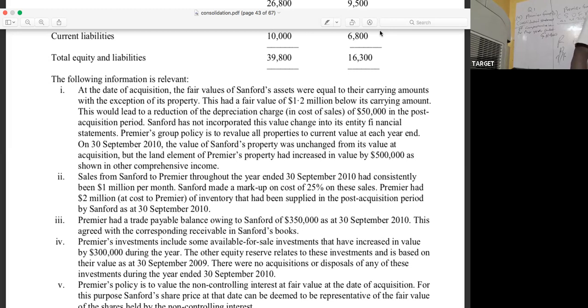First thing, in the profit and loss, add it to the cost of sales to reduce the profit. Then second, you reduce the closing inventory figure by the unrealized profit.